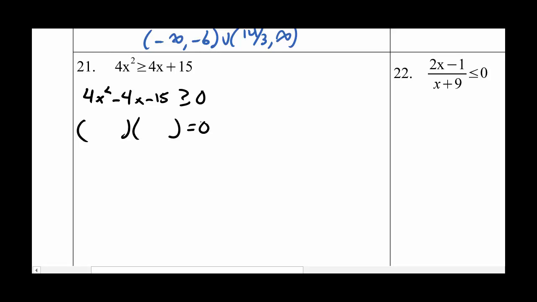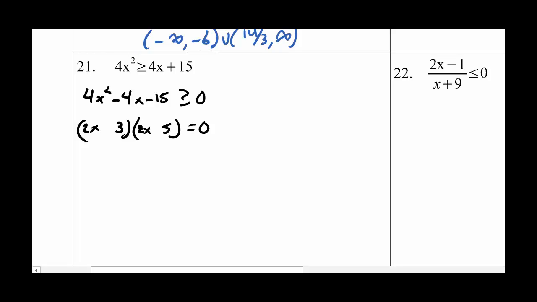Figure out where it actually equals 0. So let's see. Let's try 2x and 2x, and I'm guessing a 5 and a 3. Is there any way to get a negative 4 out of that? So 2x times 2x is 4x squared. 2 times 5 is 10. 3 times 2 is 6.